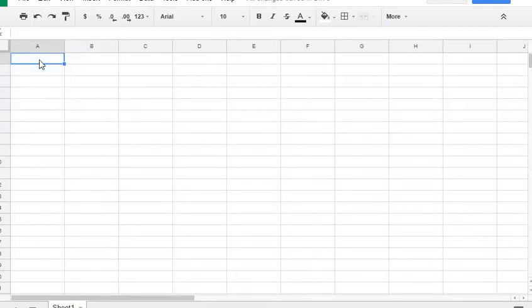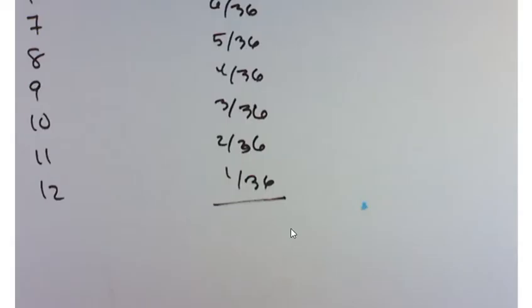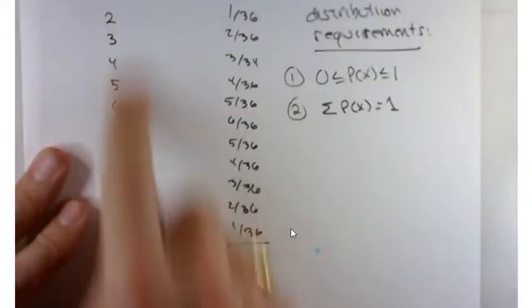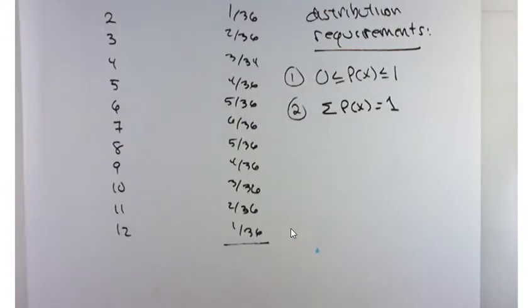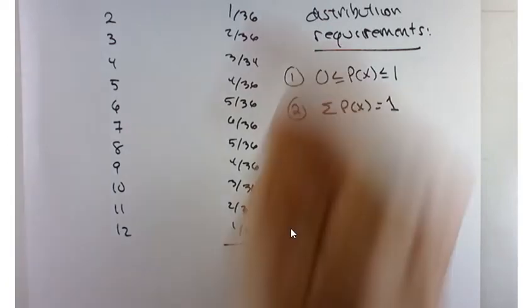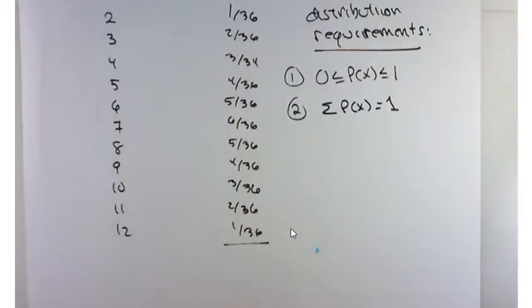Let's go back and enter our dice example, the things that can happen when you're rolling 2 dice. Let's take a quick look back here. These are our events. You can get rolls of 2 through 12. I'm going to enter those, and I'm going to work on getting in our probabilities as well.